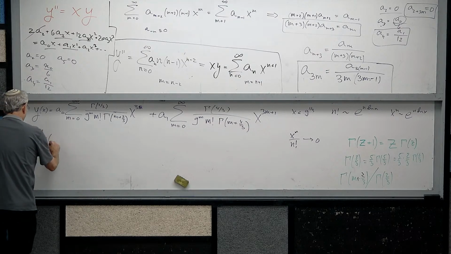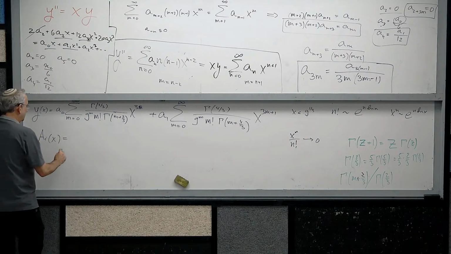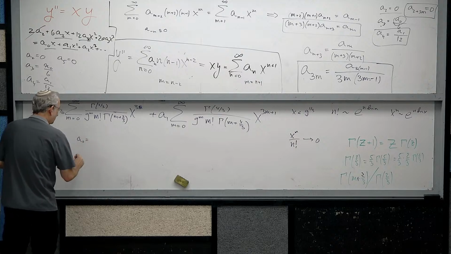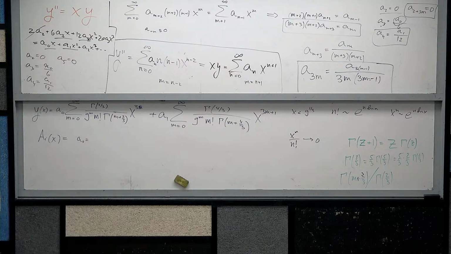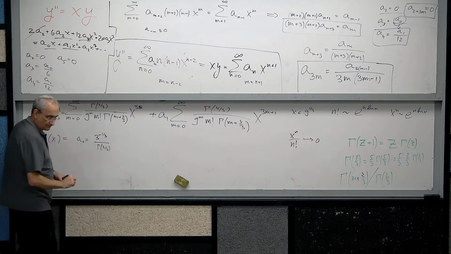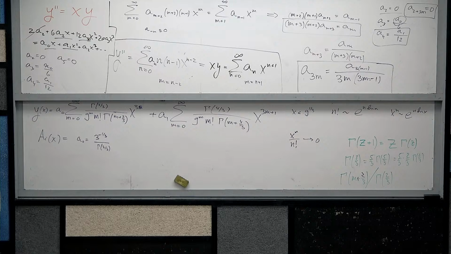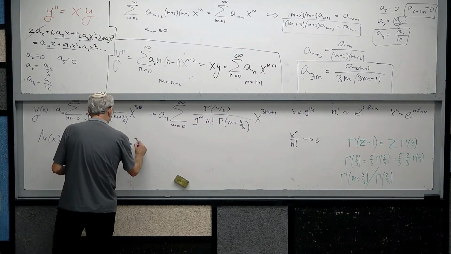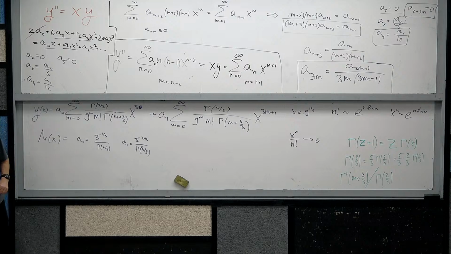And Airy of x is this y with a0 equal to 3 to the minus 2/3 divided by gamma of 2/3, and a1 is minus 3 to the minus 4/3 divided by gamma of 4/3. Does that make sense? Yeah, this is true, of course.